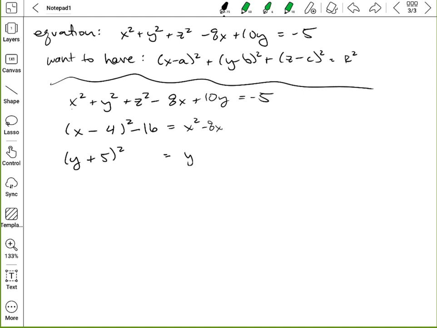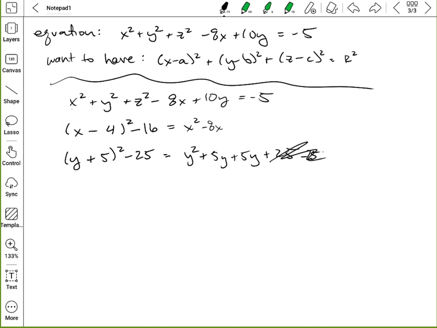So that would give us y squared plus 5y plus 5y plus 25. So that's y squared plus 10y, great. But then there's this extra 25 that we don't want, so we have to subtract that 25 again. And now in this case, what we would have is y squared plus 5y plus 5y plus 25 minus 25.